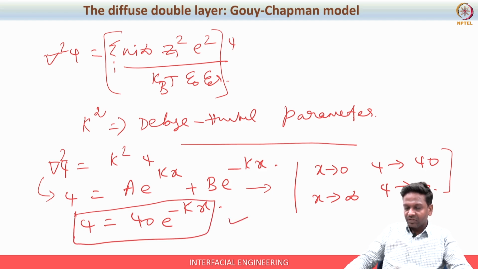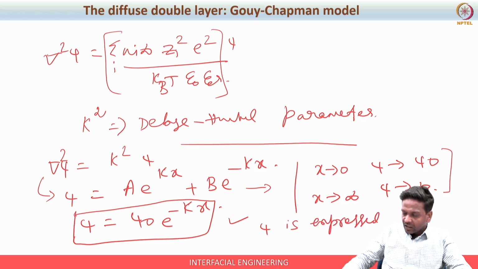If you refer to this equation, you will see that psi is expressed as a function of x, and remember k is the Debye-Hückel parameter, which is actually a function of concentration Ni infinity. So if the concentration of salt or electrolyte goes up, this will change. So this equation is dependent on distance as well as the electrolyte concentration.